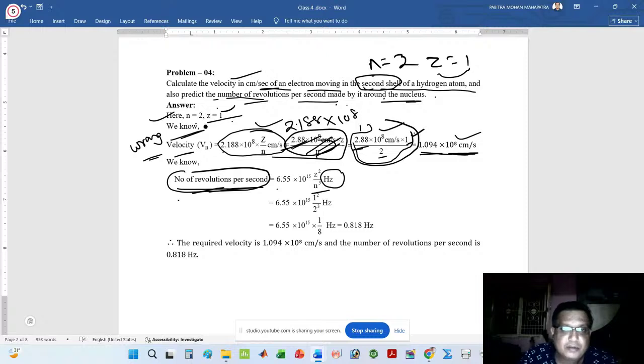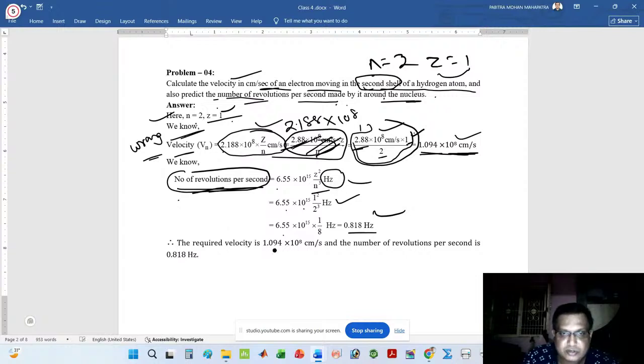Now put the values n is equal to 2, Z is equal to 1 in this equation. Then we will find 6.55 into 10 to the 15 into 1 square divided by 2 cube hertz. So if you calculate, what will be the answer? That is 6.55 into 10 to the 15 into 1 by 8 hertz, that is 0.818 hertz.